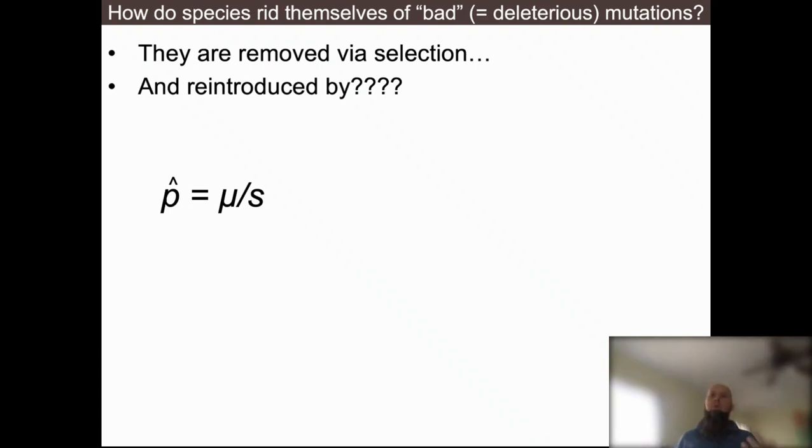But I've told you that populations are not all perfect right now. Why not? Well, it's because additional mutations are constantly reintroduced through this mu down here. Mu represents the mutation rate, okay?